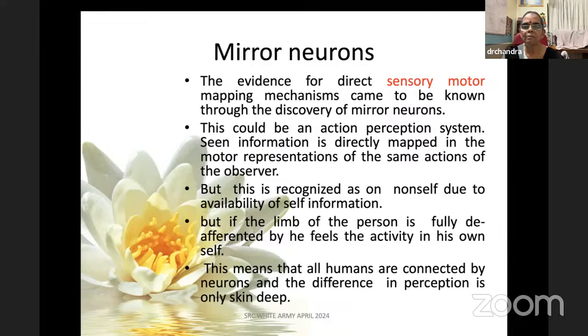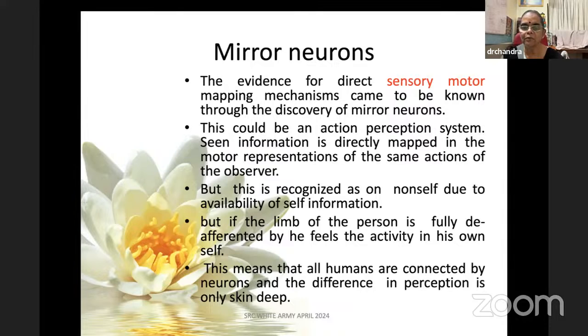But if the limb of the person is fully deafferented, like long-term war wounds, where the patient has lost one limb, people have done experiments. When another person or another living thing is beaten on the non-existing limb of that person who has lost that limb, he feels it on himself.